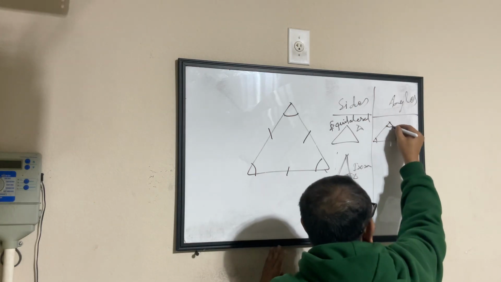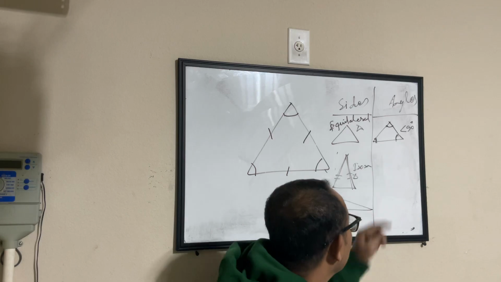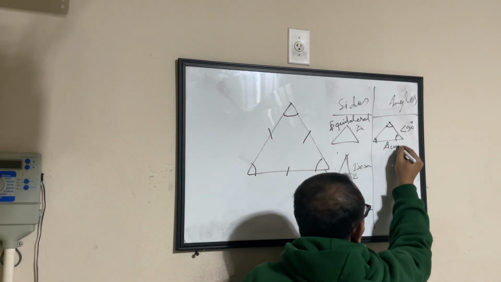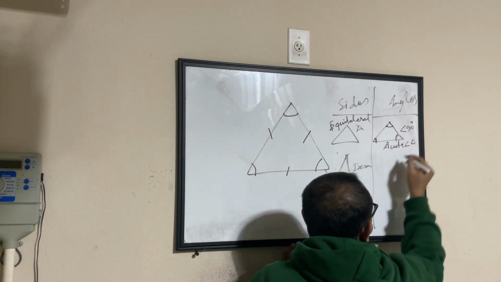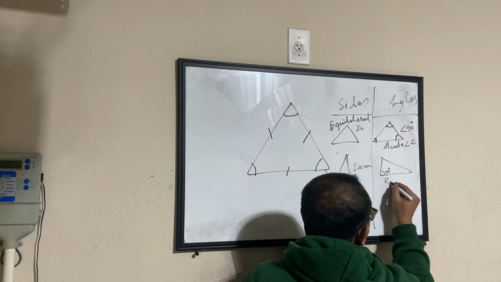Meaning, when all the angles are less than 90 degree, that is called acute angle triangle. When one of the angle is 90 degree, that is called right angle triangle.